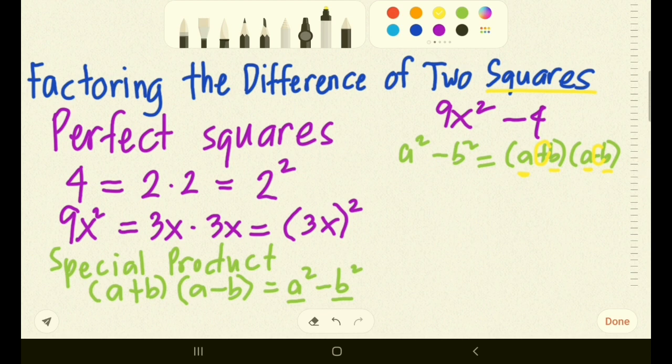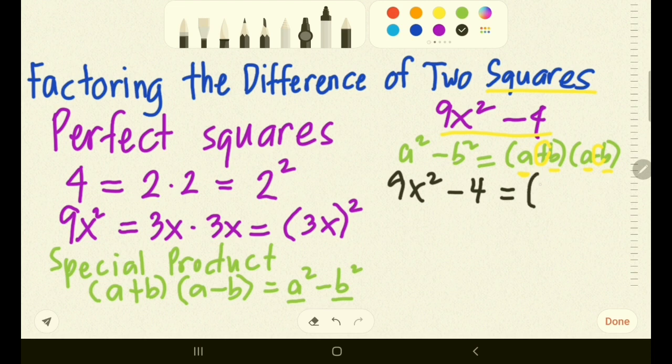Now go back to 9x squared minus 4. What do you think are the factors for this? Very easy. You express each term first as the square of a term or square of a number, or to the power of 2.